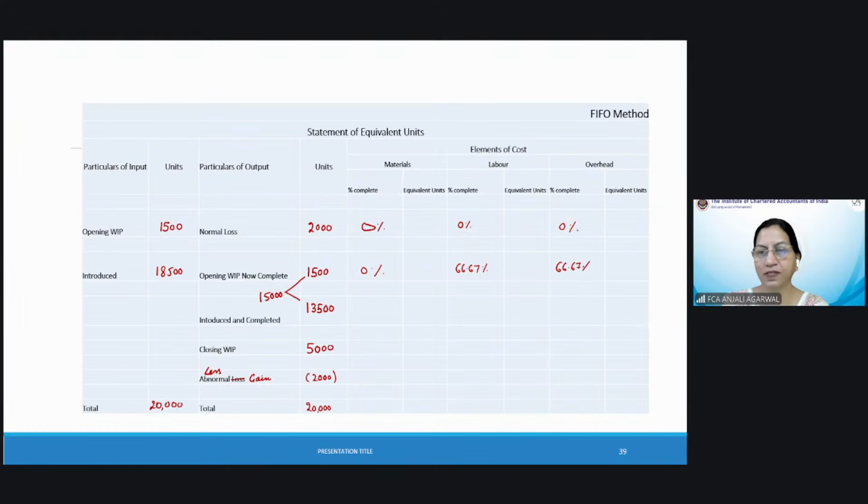Like I said, all percentages are same across every base. Introduced and completed is always 100% because this was put in the process in this time only, and now only it is 100% complete. It has naturally come up in the process.